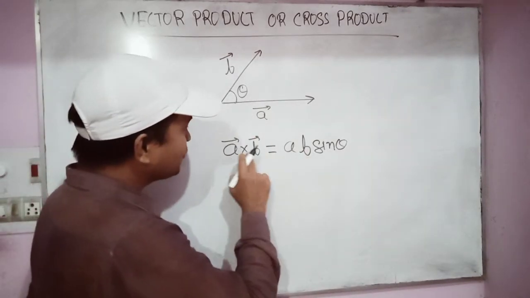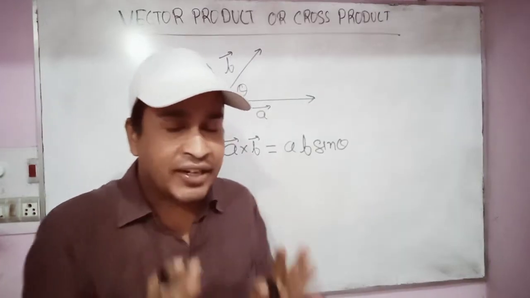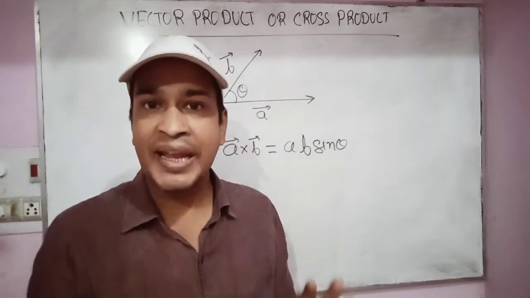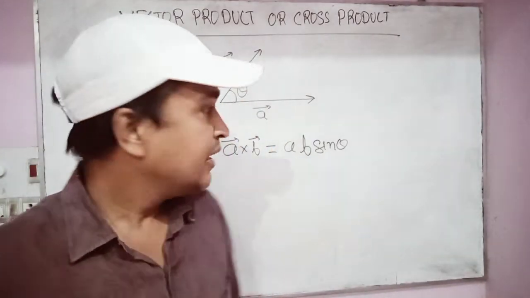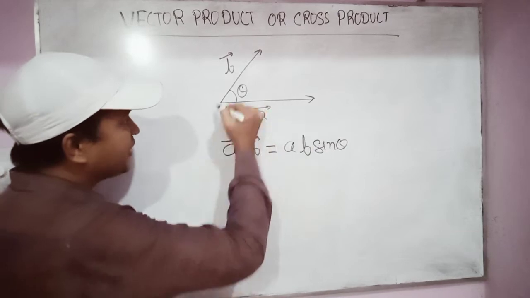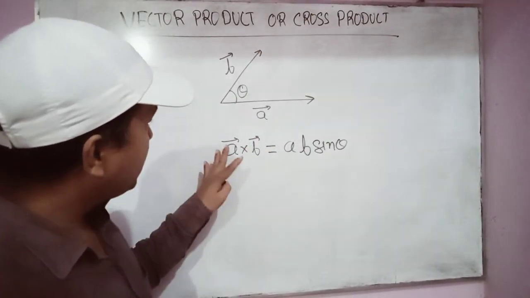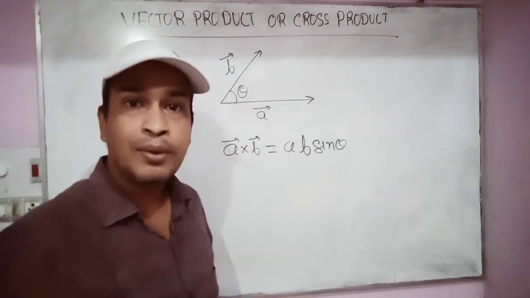Now, what is the direction of vector A cross vector B? See, the direction of vector A cross vector B is perpendicular to the plane in which vector A and vector B lie. Here, vector A and vector B are in the plane of this board. So, the direction of vector A cross vector B is perpendicular to this board.